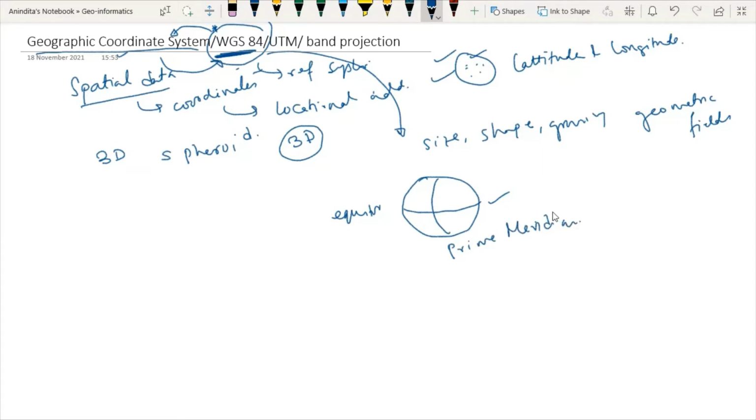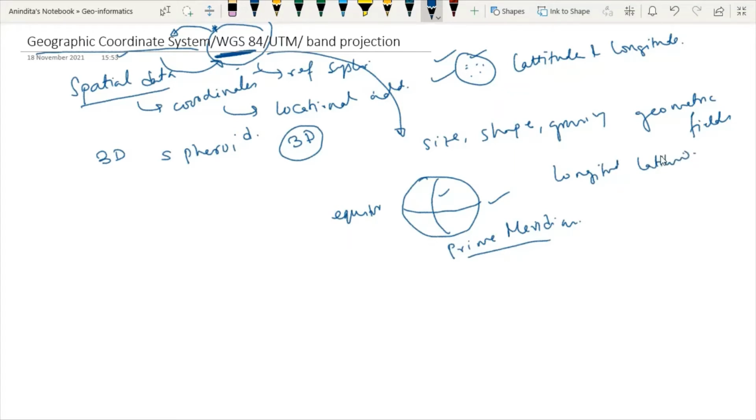In a simple way we can say that whenever we are talking about the equator, something which runs perpendicular to the equator through Greenwich town in the United Kingdom is known as the prime meridian. The prime meridian is the origin point of longitude and latitude.